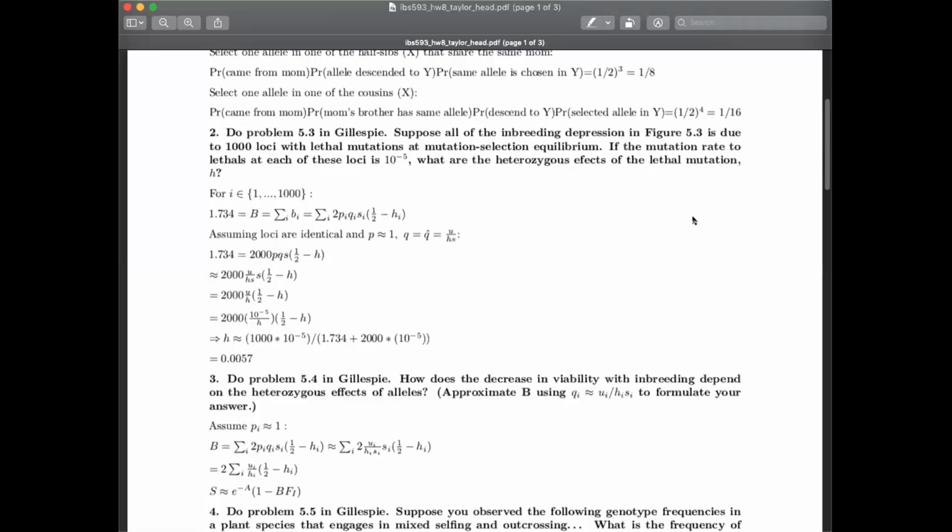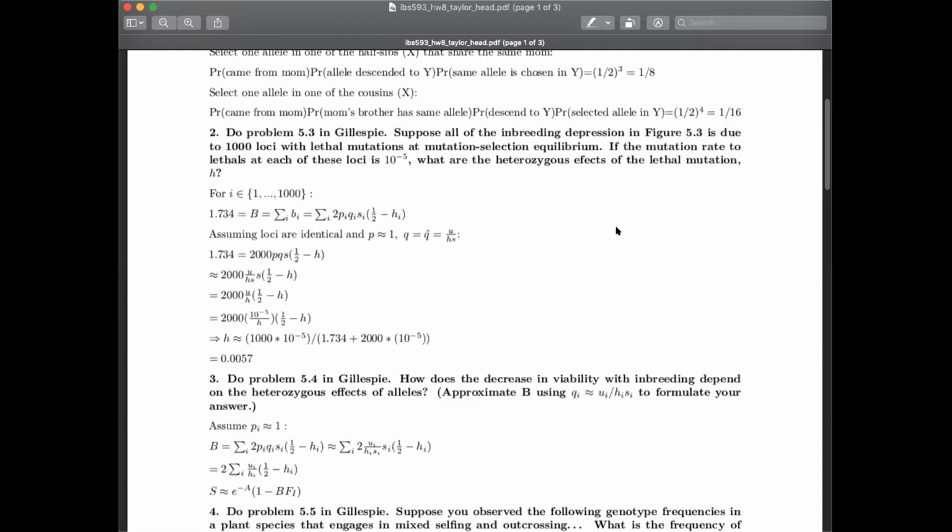Okay, so problem 2 is problem 5.3 in the book, where we suppose all of the inbreeding depression in figure 5.3 is due to 1,000 loci with lethal mutations at mutation selection equilibrium. If the mutation rate to lethals at each of those loci is 10 to the negative fifth, we're asked to find the heterozygous effects, h, of the lethal mutation.